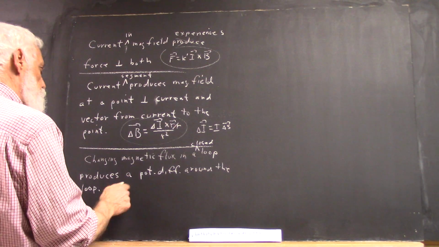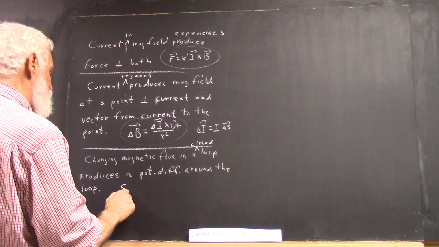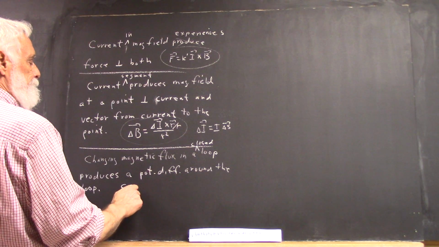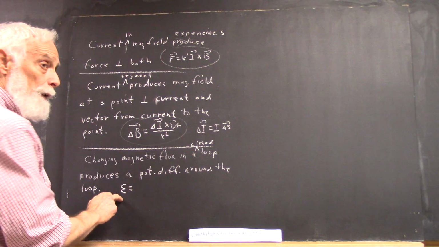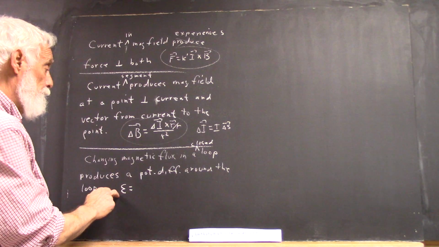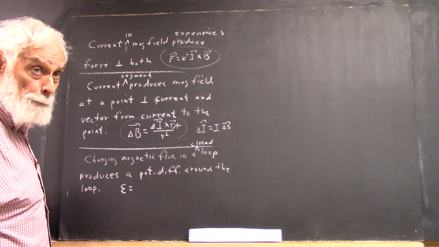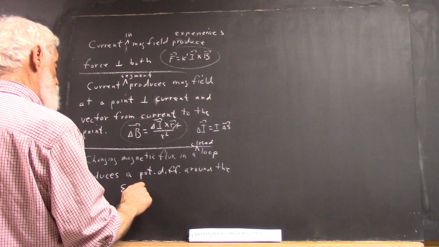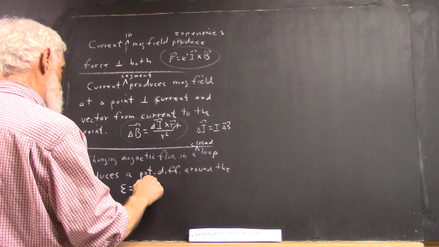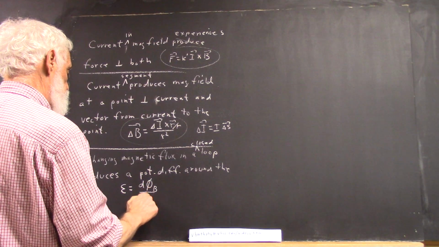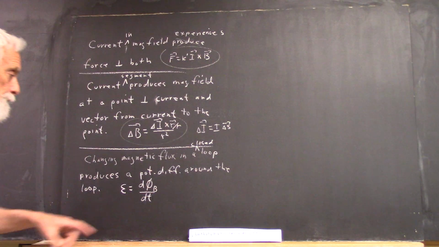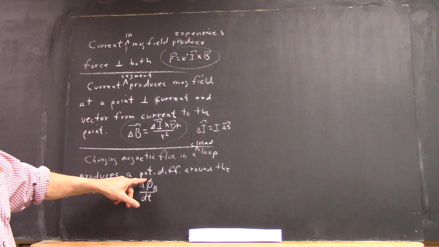I'm going to use kind of a capital E for EMF, electromotive force, but just think potential difference. Okay? It's just the time rate of change of the magnetic flux.